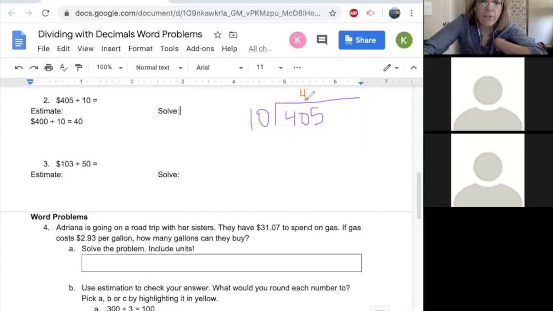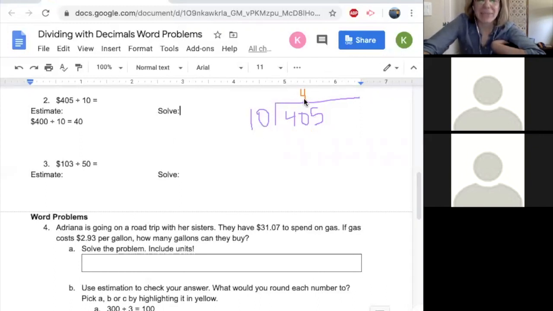Why am I putting the 4 here above the 0, Chips? Because you can't do it by the 4, but from 40 you can. So you have to put the 4 on top of the 0. Very good. Okay.